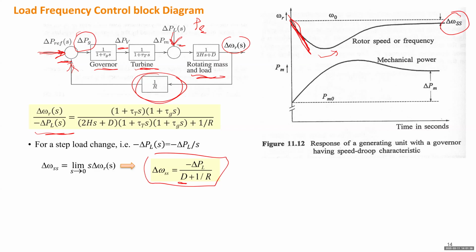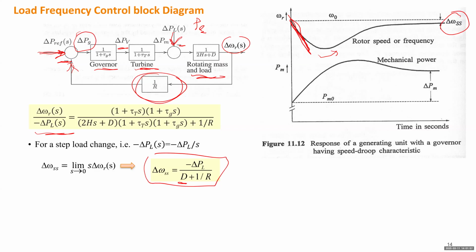That is the idea of automatic generation control, AGC, but we will cover that later. For now you just know we can recover the frequency back to close to 60 Hertz, but it will never exactly go back to 60 Hertz.